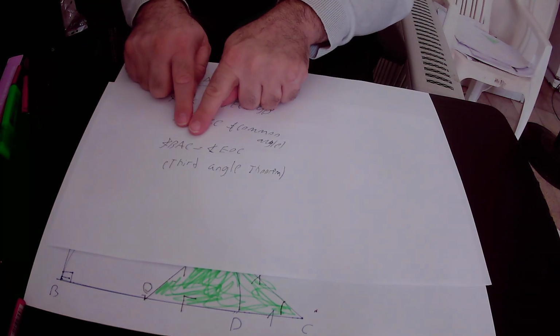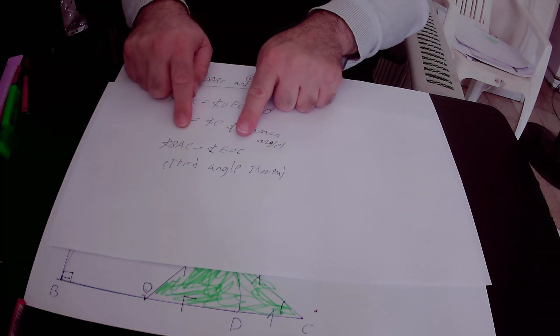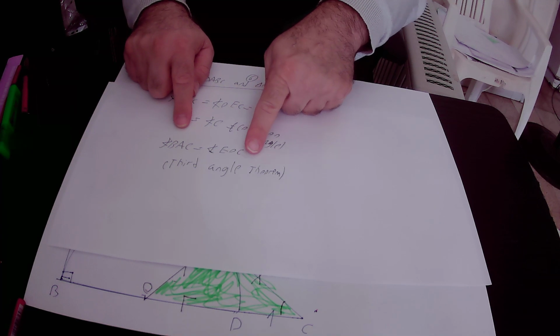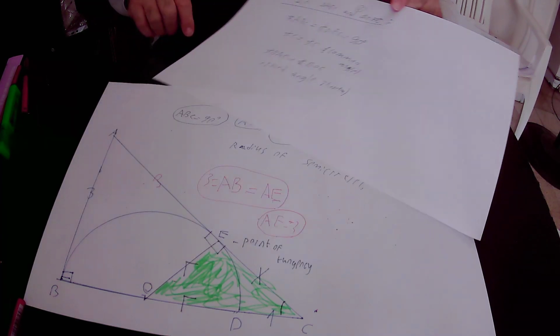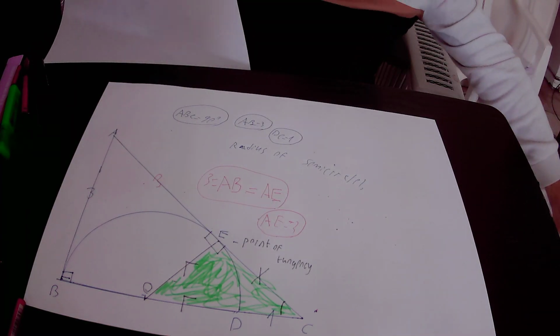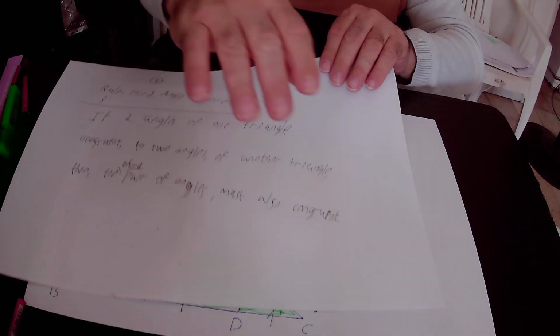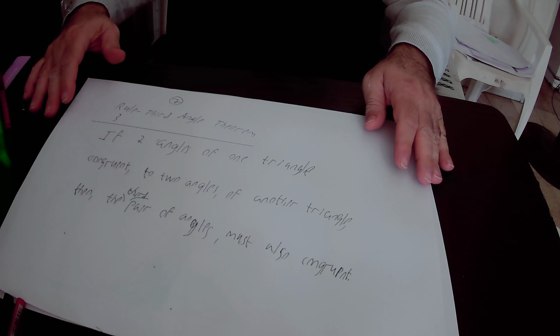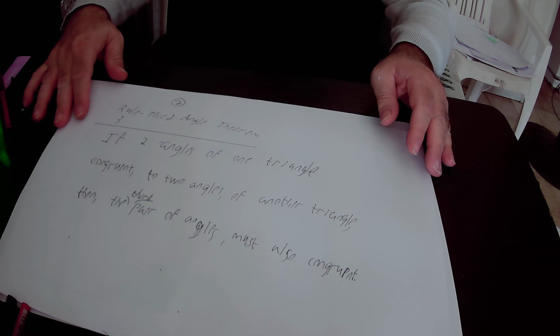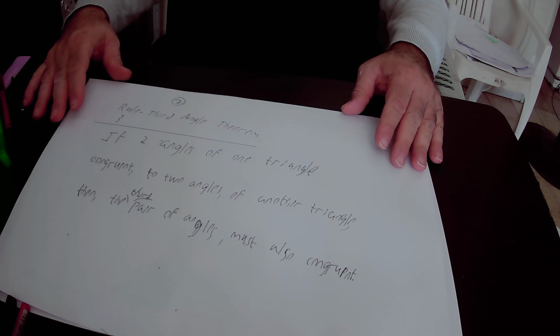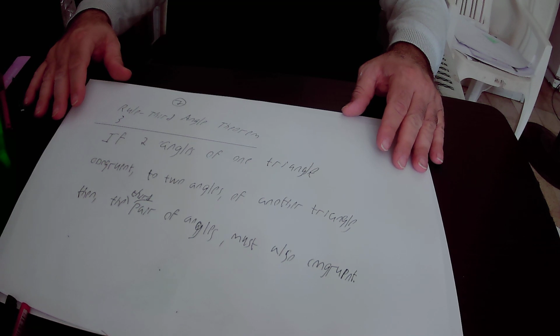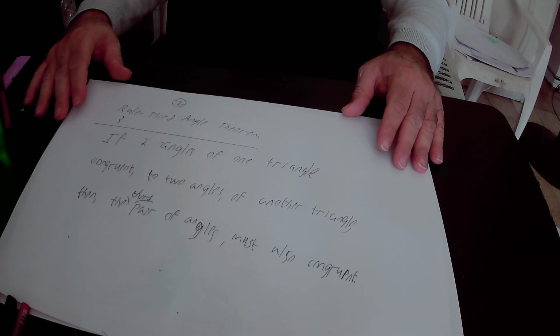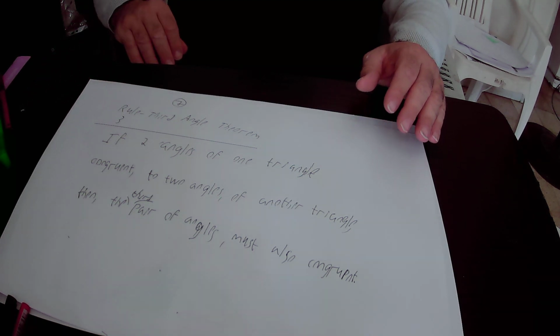So angle BAC equals angle EOC according to the third angle theorem. So what is the third angle theorem? The third angle theorem states that if two angles of one triangle are congruent to two angles of another triangle, then the third pair of angles must also be congruent.